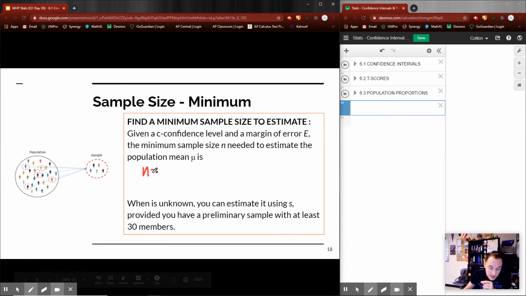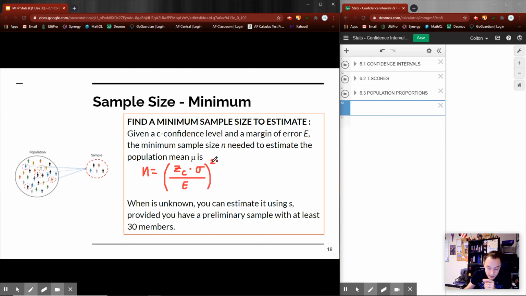It's n equals my z-score times my population standard deviation all over my margin of error, and then squared. This formula is very nifty, and it will allow us to calculate everything that I need to calculate.